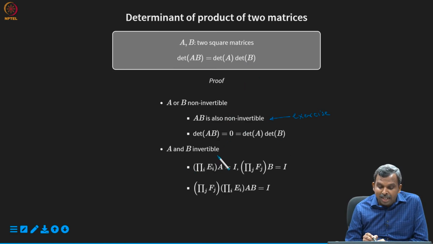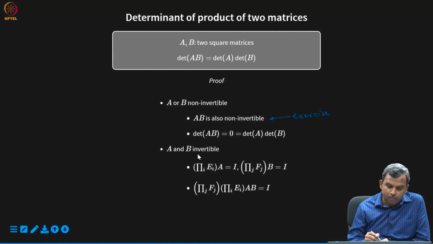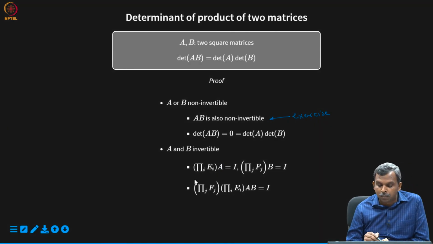Now when A and B are invertible, I know that there is a sequence of row operations which take A to identity, and a sequence of row operations which take B to identity. Both of these are true, isn't it? Notice what I can do here.